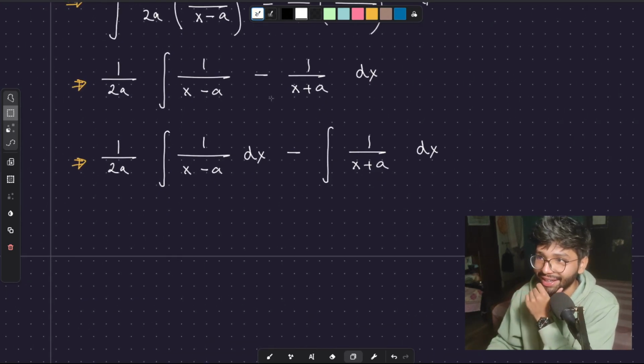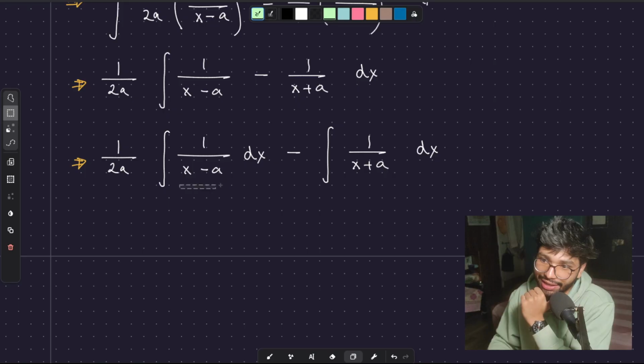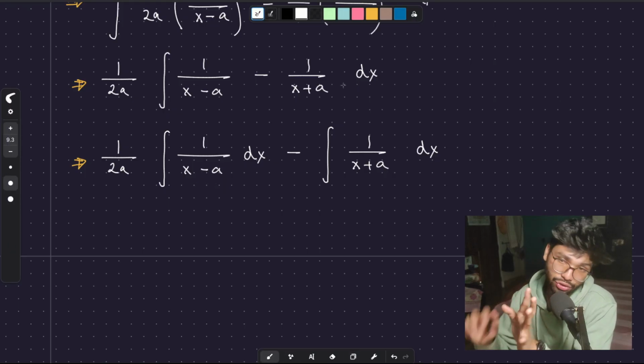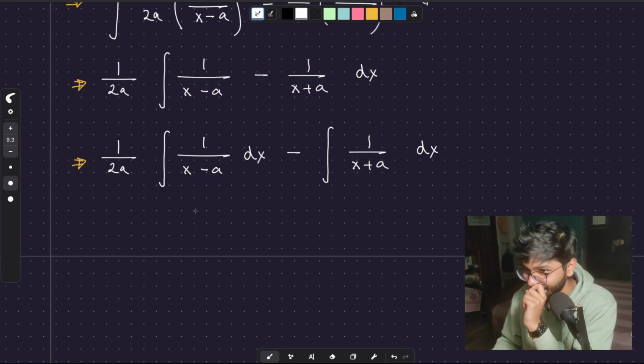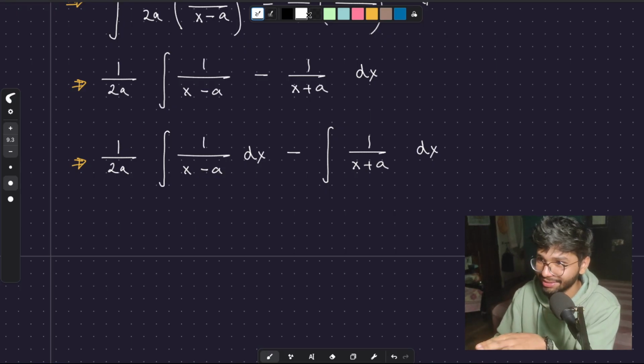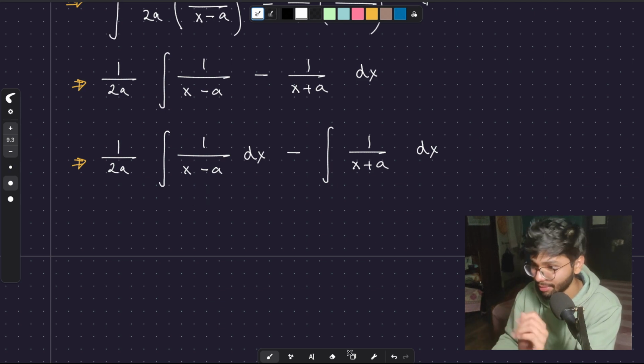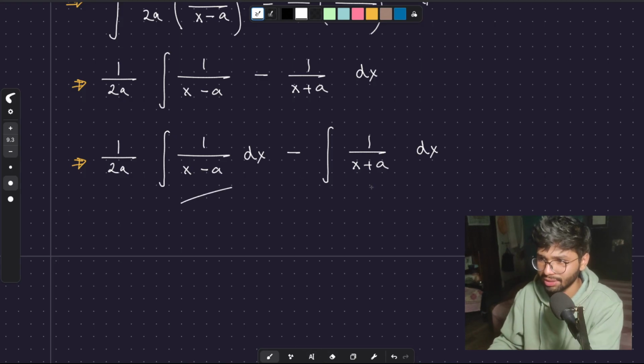Amazing. Again, this just looks like a simple u-substitution, and the integral is going to be a natural logarithm. I'm just going to write it. I'm not going to worry too much about the u-sub; I can do this in my head. I'll do it for this one, because the other follows immediately. So take u to be x minus a.